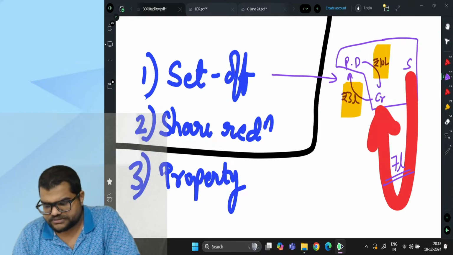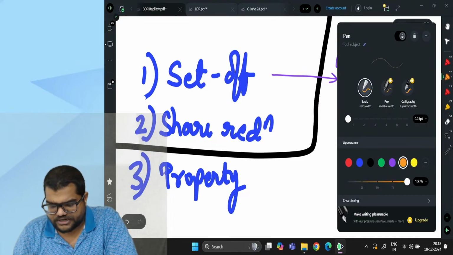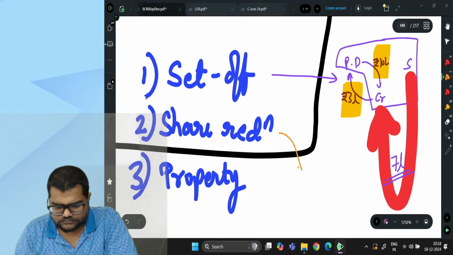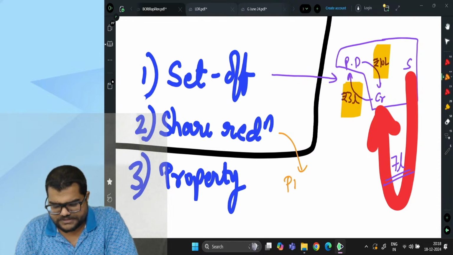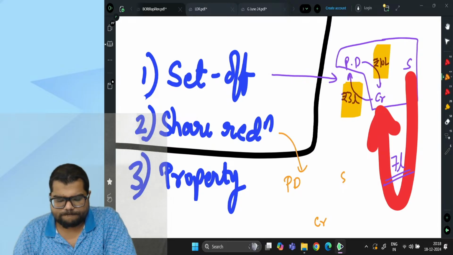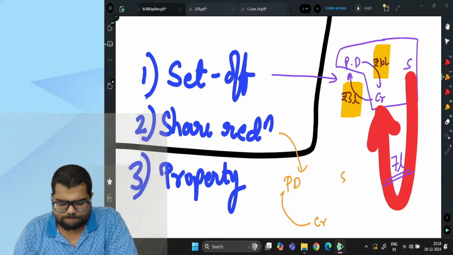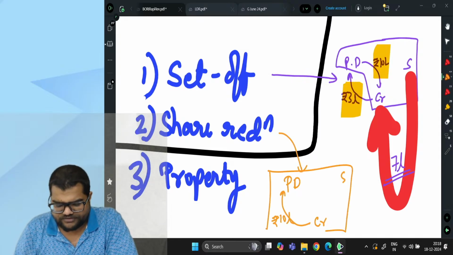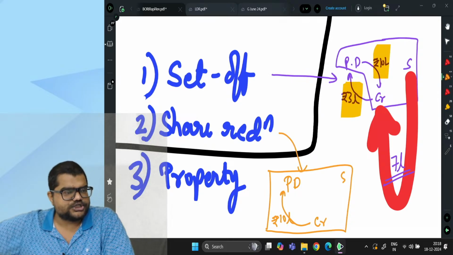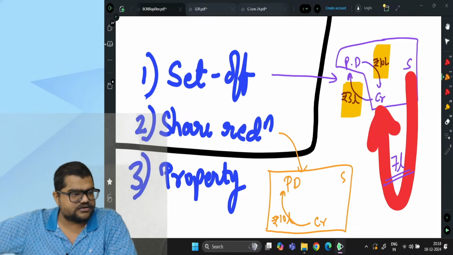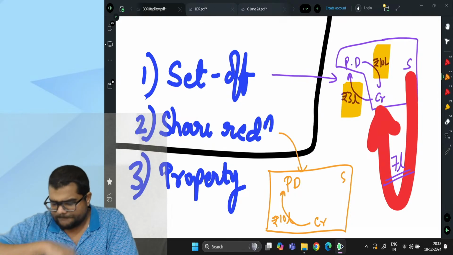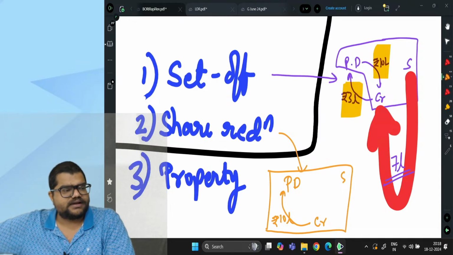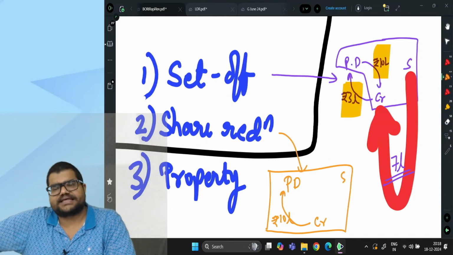Let's come to share reduction. Sir, principal debtor, creditor, and surety. The loan that was given was rupees 10 lakhs, and we had a surety for the same. On due date, it is not like the principal debtor cannot pay anything.